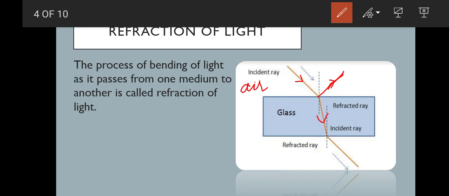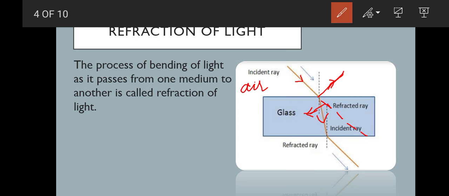Now you can see this is the actual path of the light ray. The actual path of the incident ray should be like this, but what is happening here? It is bent towards the normal.